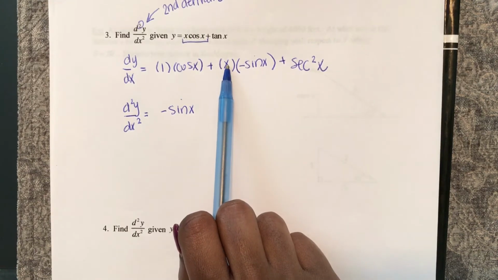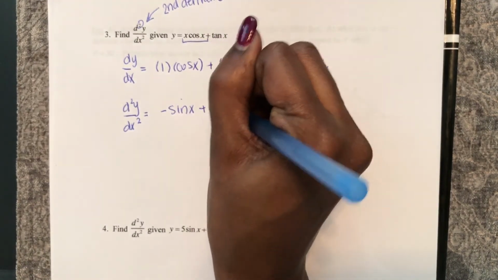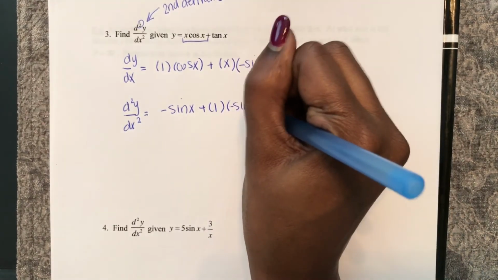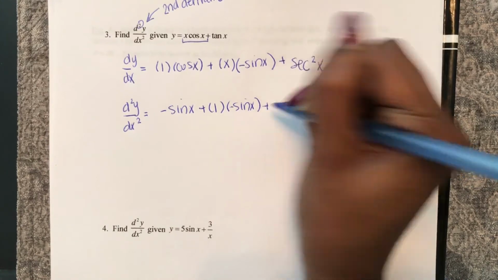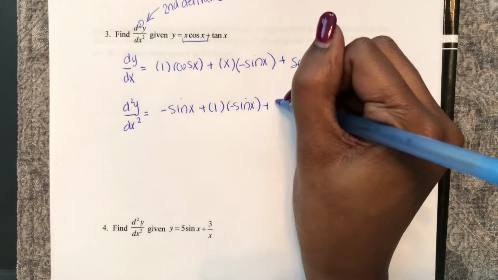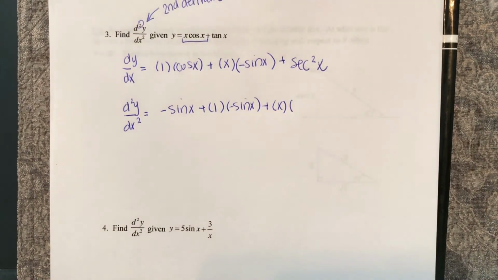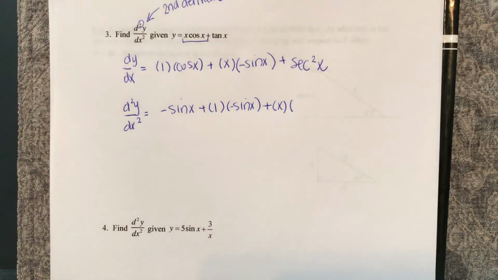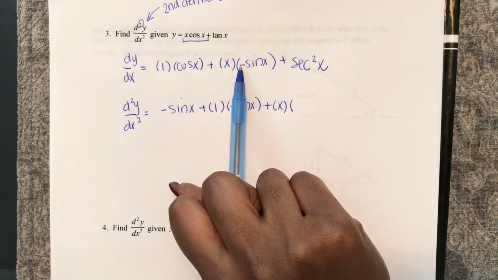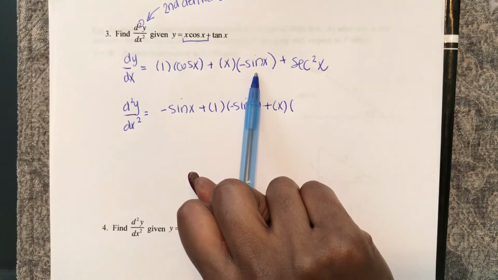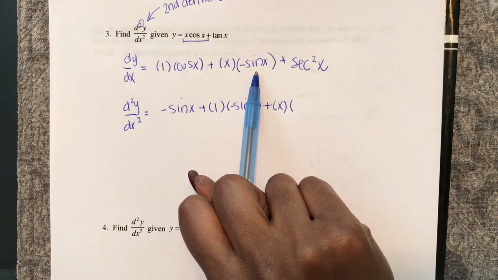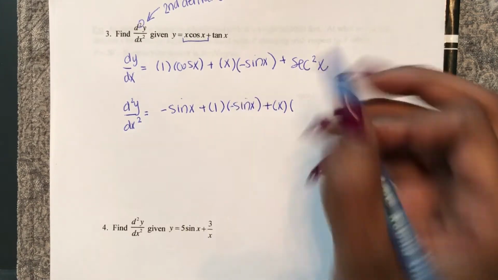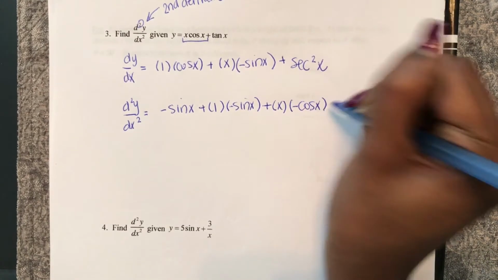So the derivative of x is 1 multiplied by the second function, which is negative sine x, plus the first function, which is x, multiplied by the derivative of negative sine x. So that's just going to be negative whatever the derivative of sine x is. So the derivative of sine x is cosine x, so this will be negative cosine x.